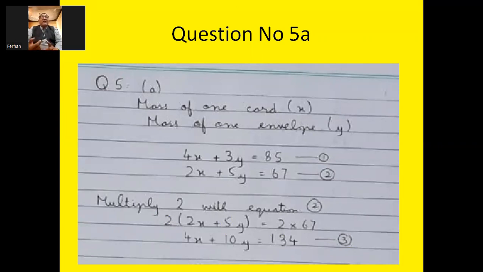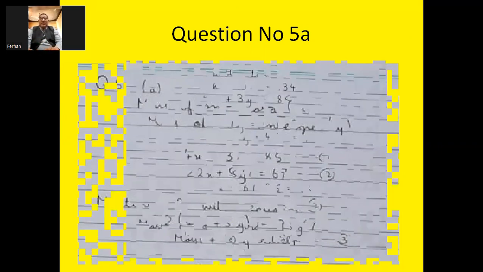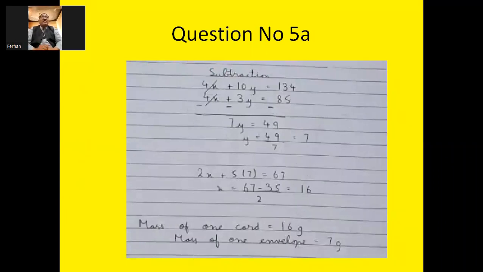So you will have 4x plus 3y equals 85, and the second equation multiplied by 2 gives 4x plus 10y equals 134. I will subtract the first equation from this third equation, and you will see 7y equals 49, y equals 49 by 7, and the y value will be 7.